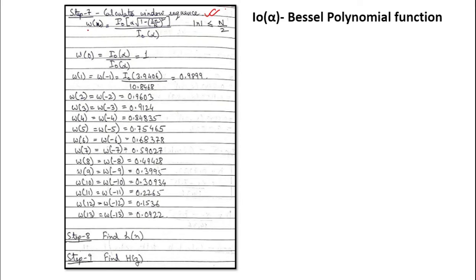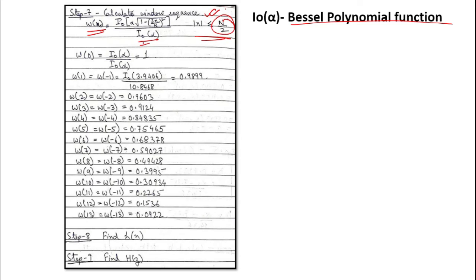The window sequence for the Kaiser window is given by Wn equal to I0, which is basically the Bessel polynomial function, of alpha times the square root of 1 minus (2n by capital N) whole squared, divided by I0 of alpha, for n less than or equal to N by 2.